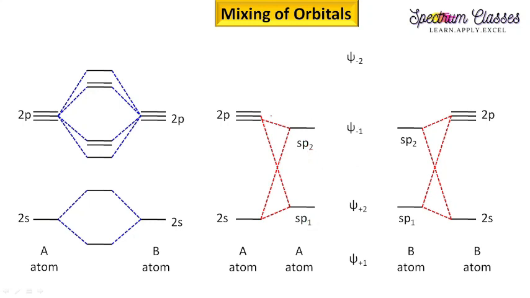Now since this p orbital mixed with s orbital, therefore it is of low energy. Here you can see, right? In both the cases it is of low energy and it is of high energy. So that is the reason why I have drawn here. Now coming to the next. When these sp atomic orbitals, which are now hybridized atomic orbitals, combine together, they will form two molecular orbitals.